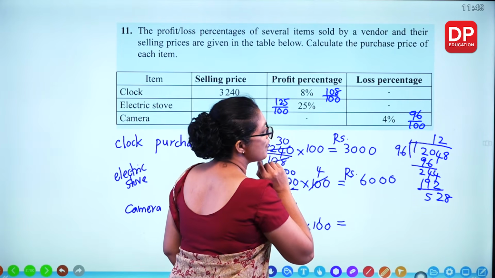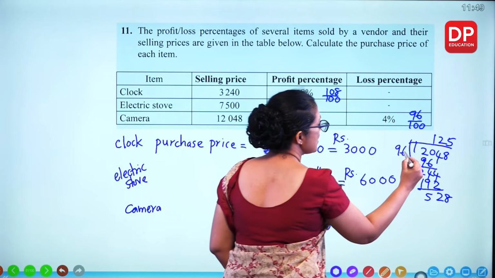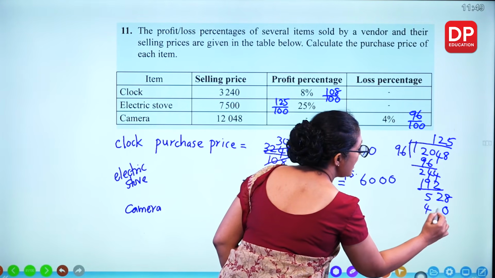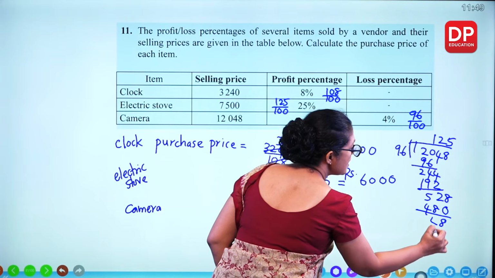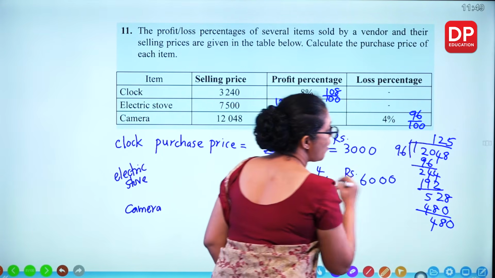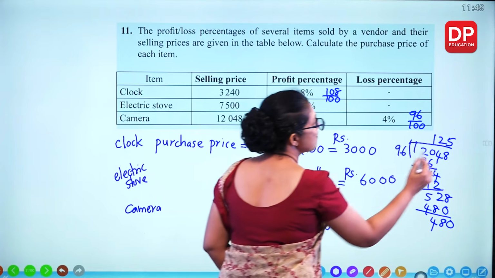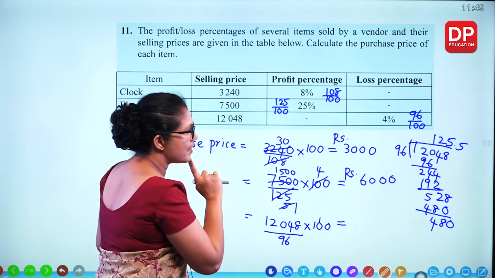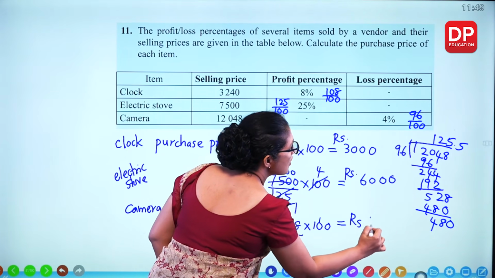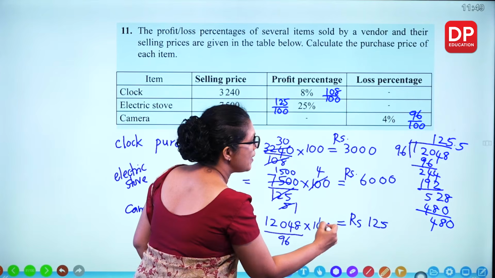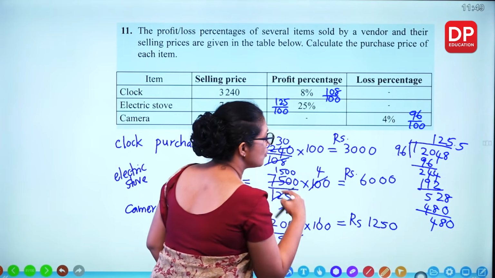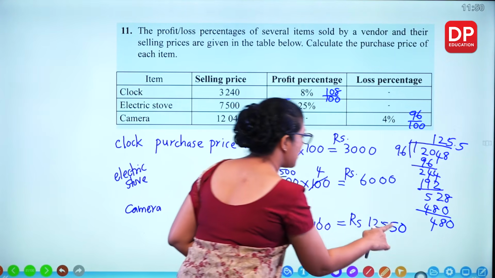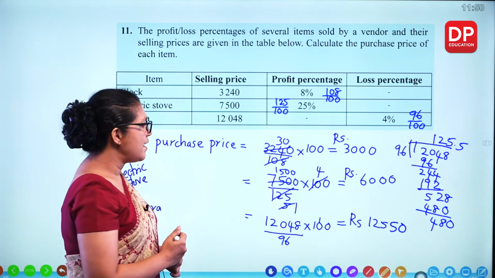So for 528, that's 5. 5 times 6, 30. 5 times 9, 45. Plus 3, 48. And the remainder is 48. So 480, that's 5. So 125.5 multiplied by 100. That means move 2 places to the right. So you get 125 and 50. That means 12,550.